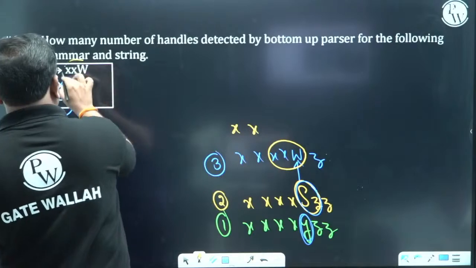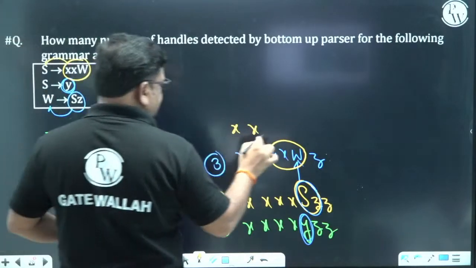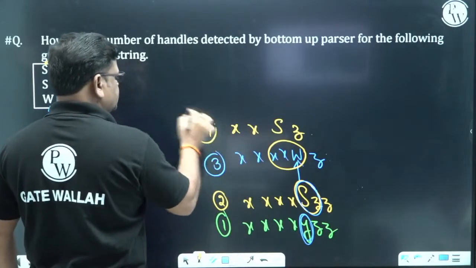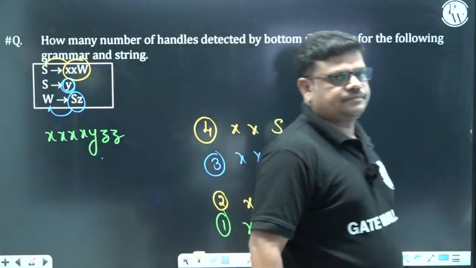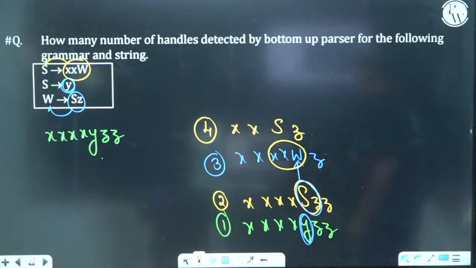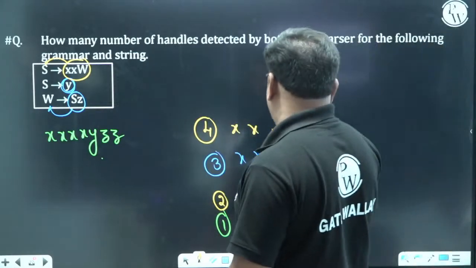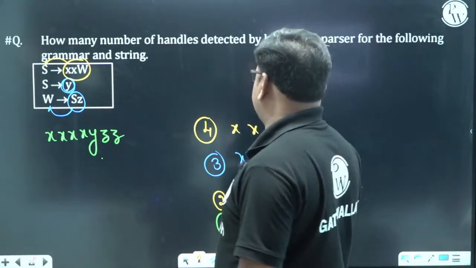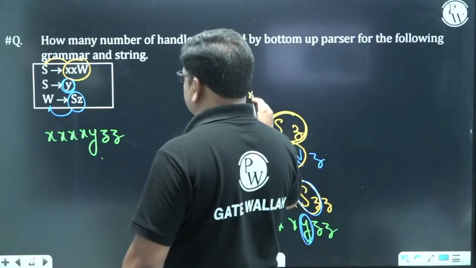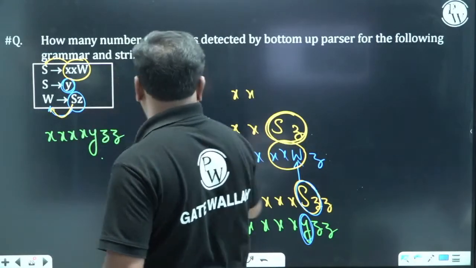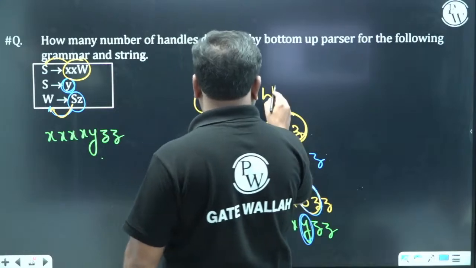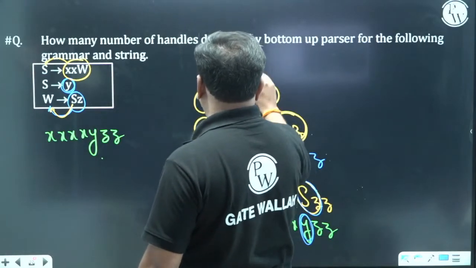So it is matching here. Replace it by S. Very good. In step number 4, which one is a handle? SZ. Replace it by W. Step number 5, directly S.